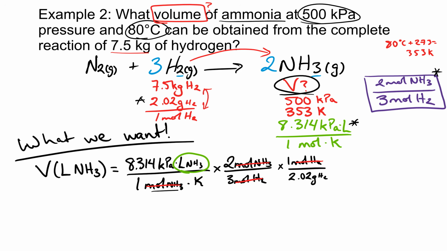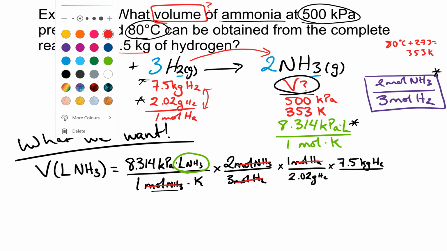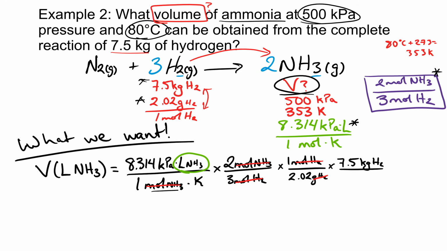Well, I know what else has grams of hydrogen, and that was the initial mass of hydrogen that we started with. So if I multiply that by 7.5 kilograms of hydrogen. Okay, so what's going to happen is I'm going to take grams of hydrogen and cancel it out with grams of hydrogen, but I still have kilos left over. So that factor is still left there.